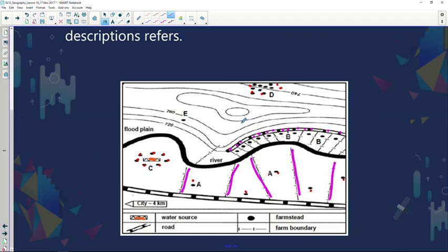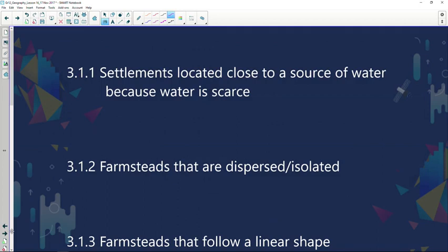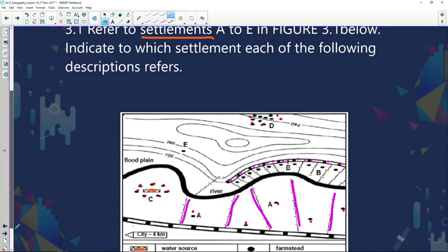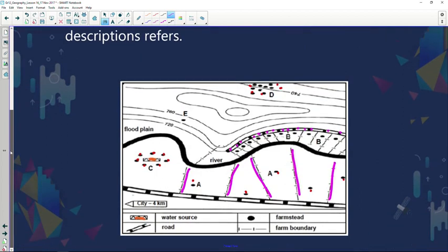Now let's quickly continue with the questions. The settlement's located close to a source of water because water is scarce. If you have a look over here on your figure, there's a water source. And as you can see, the settlement surrounds it. So that means that area doesn't have a lot of water.